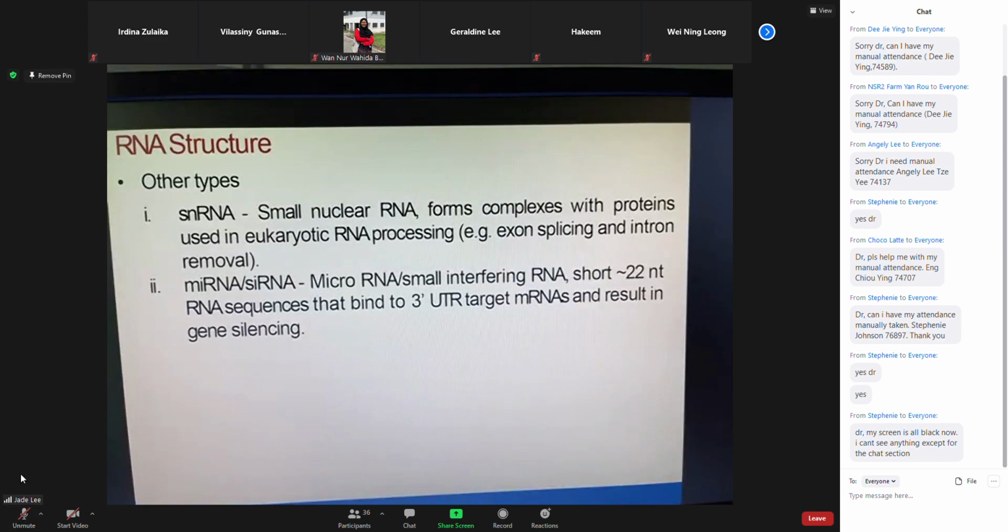How do we inactivate it? By silencing it or knocking the gene out. Have you heard of gene knockout? Gene knockout and gene silencing have the same function, where we want to silence the gene. Silencing the gene means the gene no longer functions and the protein is no longer produced. Okay?